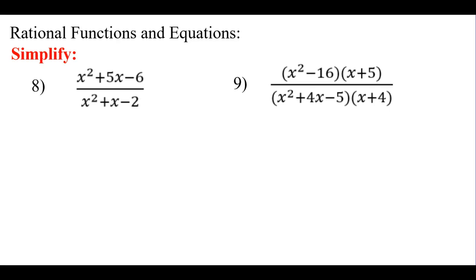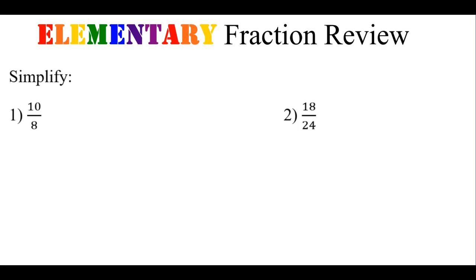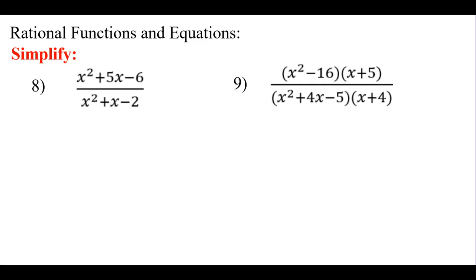So number 8, I want to compare to number 1 and 2. So what did we do on 1 and 2 to be able to simplify those numbers? We divided out a common factor, right? So when we get to a polynomial, we need to have factors. So let's first factor this. How does the top factor?